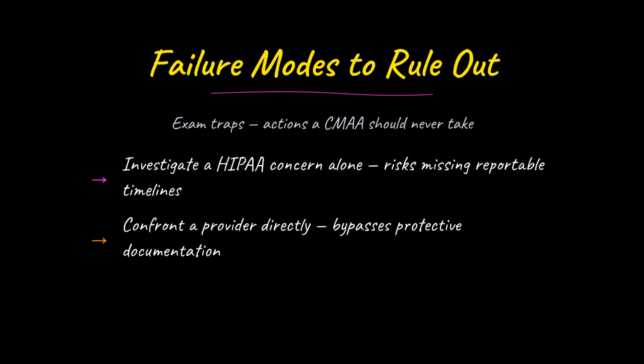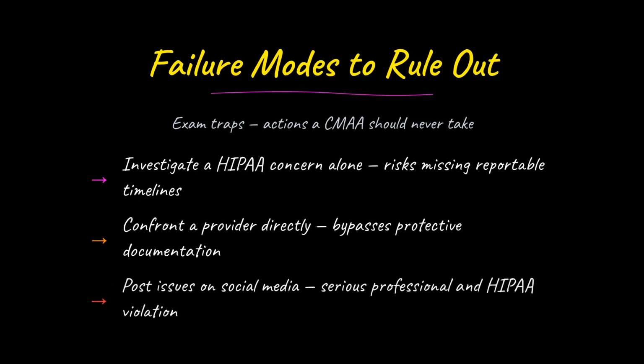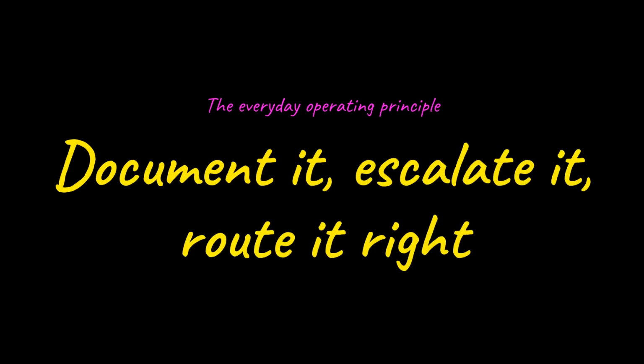Confronting a provider directly skips the documentation that protects everyone. Posting anything publicly is both a professional and a HIPAA violation. The correct answer is always to document and escalate through the right channel. Whenever a stem includes phrases like exceeds my authority, escalate, or multiple issues, chain of command is being tested. The CMAA's role is to document the concern accurately and hand each component to the authority best equipped to resolve it.